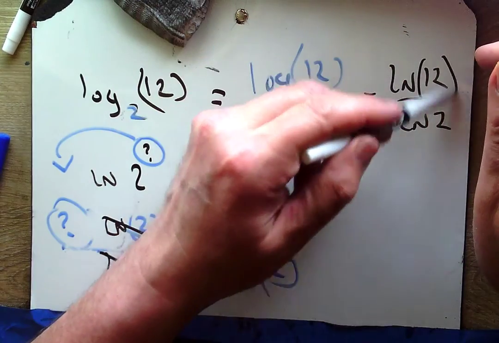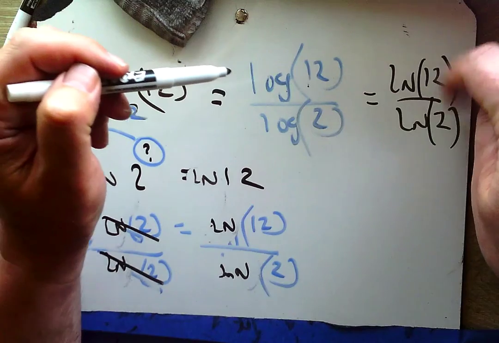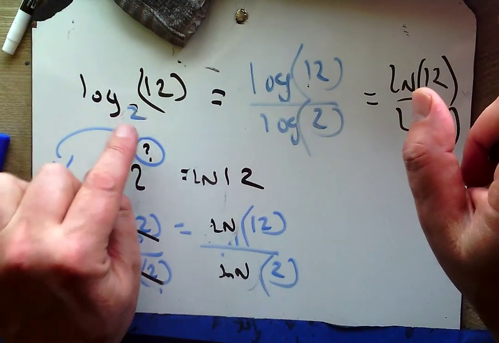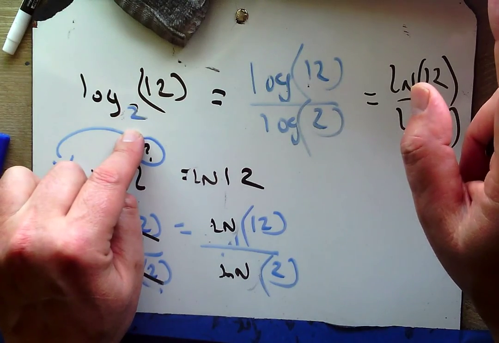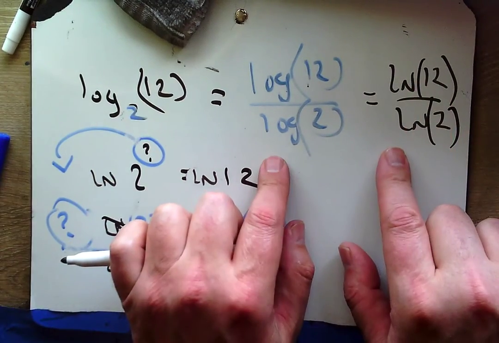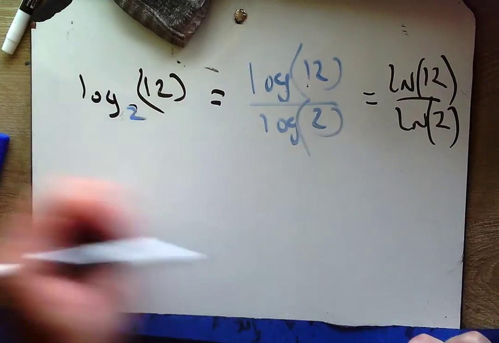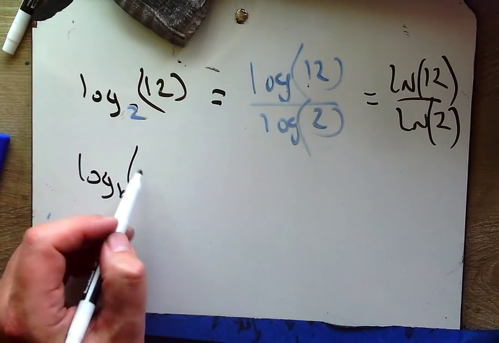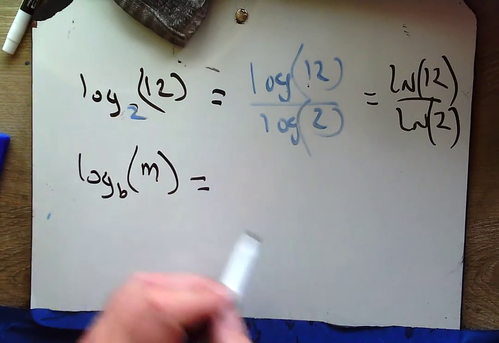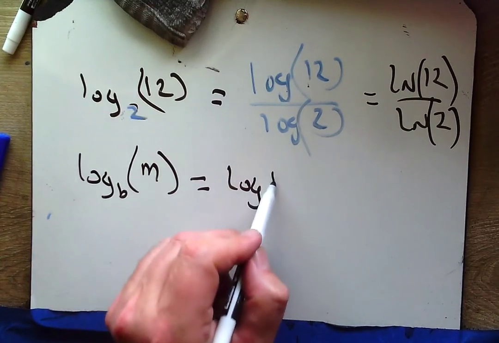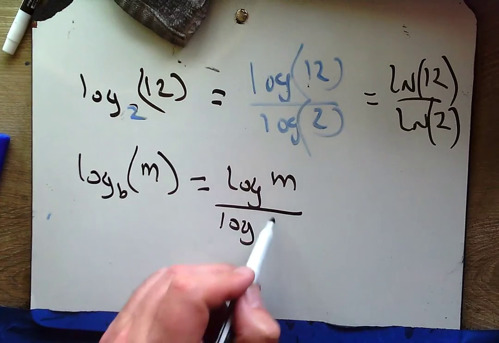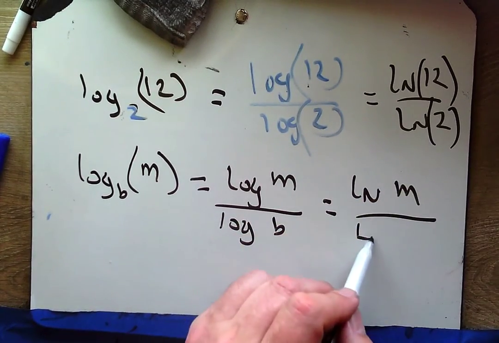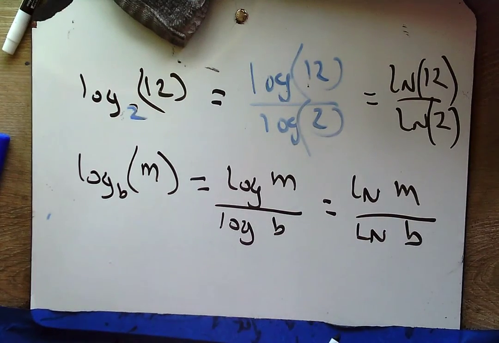What I do know is, I can't do any canceling here, but what I also really like is, I don't have to have log base 2 if I don't want it. I can use the change of base formula. And so more generically, we say log base b of m can be rewritten as log m over log b, or ln of m over ln of b.